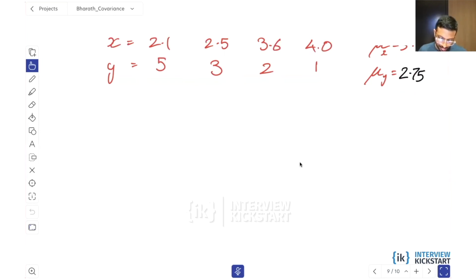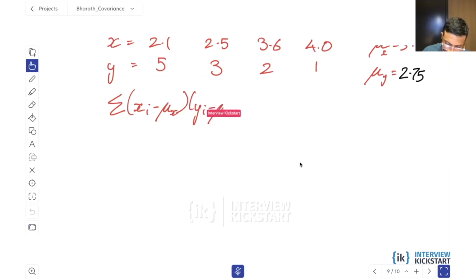All right, so how do we calculate the covariance in this case? Again, let's write our formula: xi minus mu x multiplied by yi minus mu y, the whole thing divided by n minus 1. So what does that look like right now?